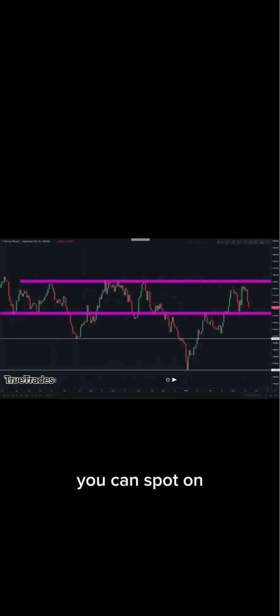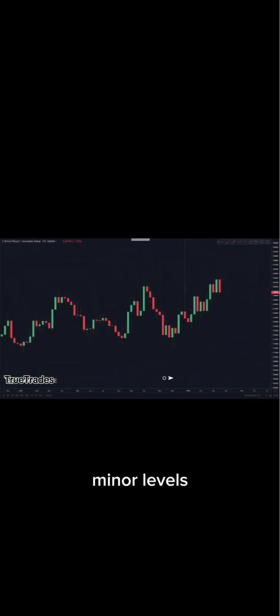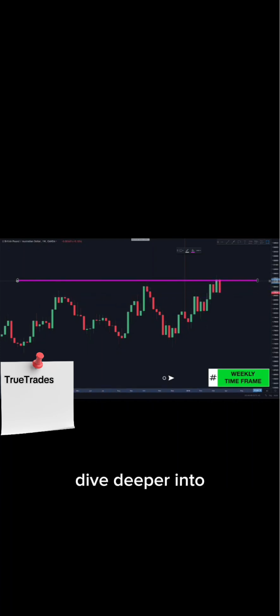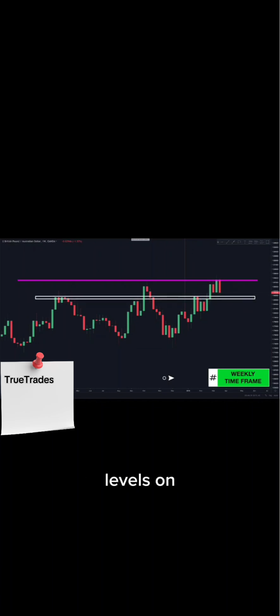So let's do this again on another pair. Here's the pound Aussie, and again starting from the weekly time frame. Along the top, we have this obvious level here, so we draw it in. Moving on down, we have this next level here with multiple rejections, so we draw it in.